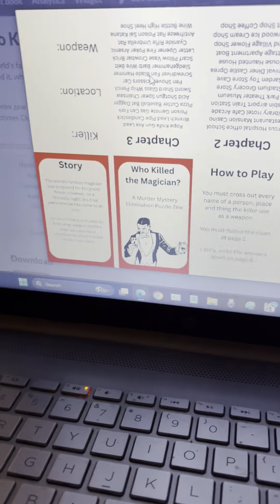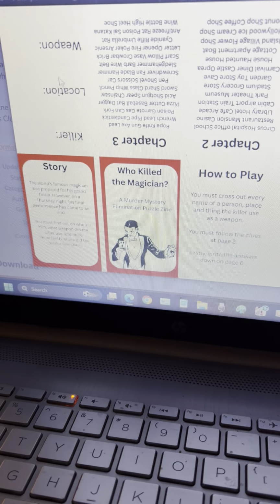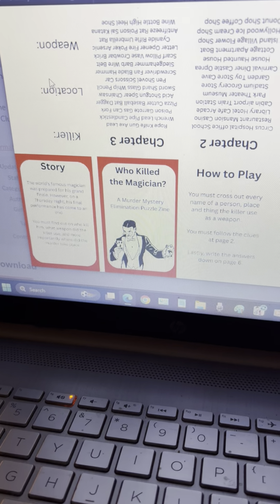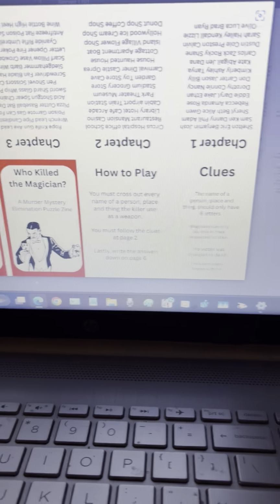And then the last page, which is the 8th, but it's almost like a 6th page, because the other 2 pages, 7 through 8, are just the front and back cover. Nevertheless, you have to write down the answer in this section right here. And that's all you need to know.